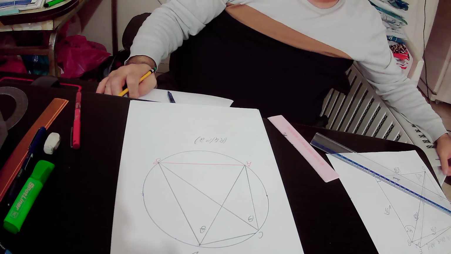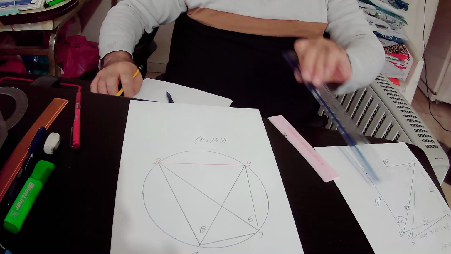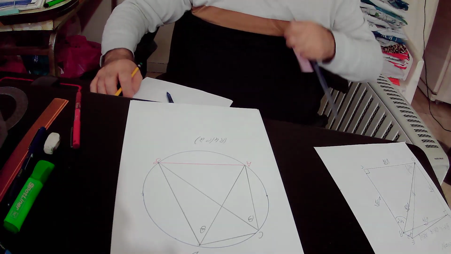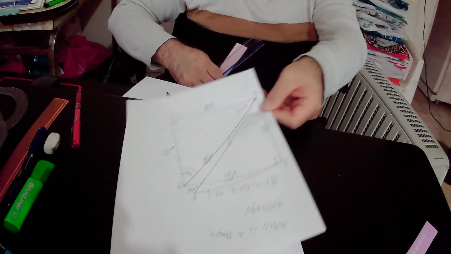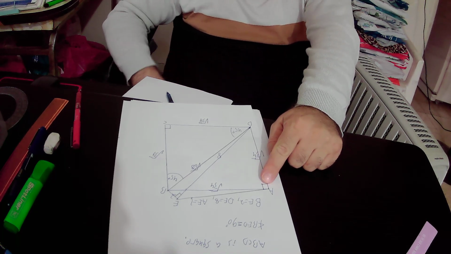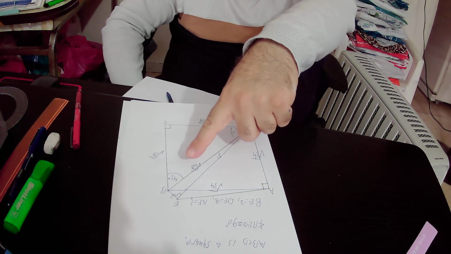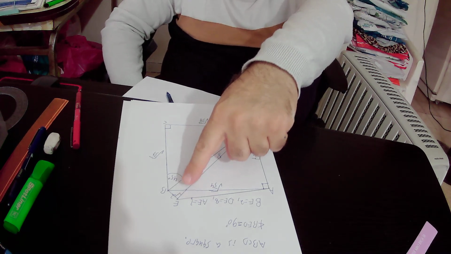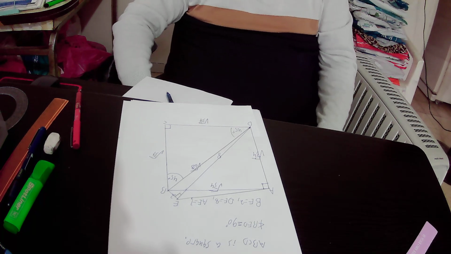And we can implement rule number 2 in our drawing. We have angle DAB. This angle rests on segment BD, and then this angle DEB also rests on the same line segment BD.